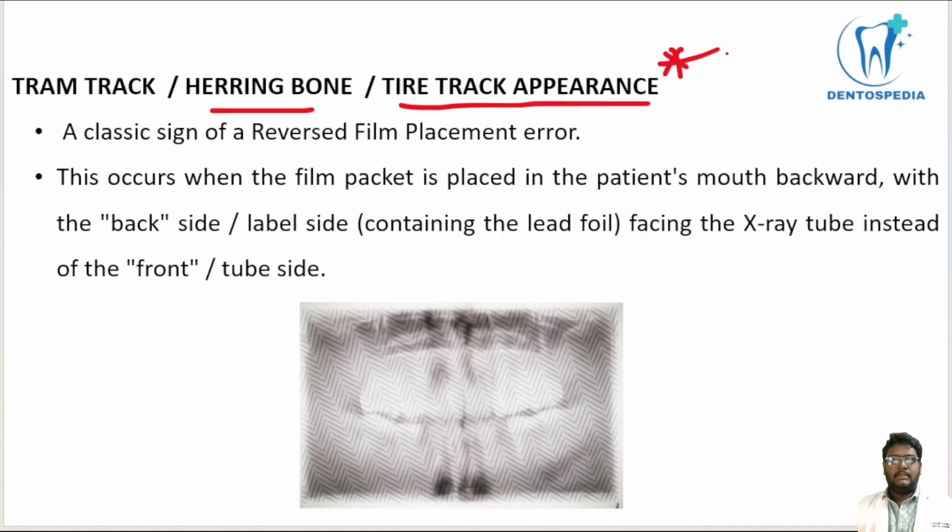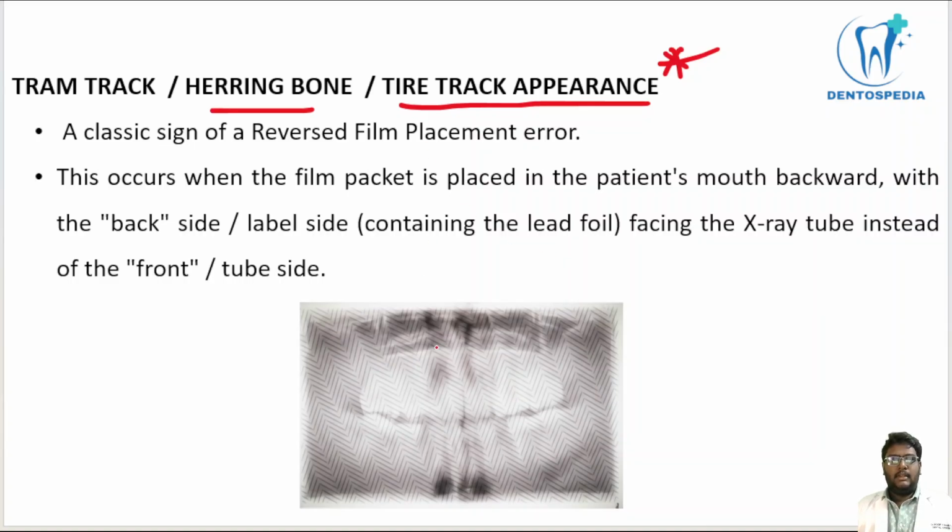This film packet also has two sides, the tube side and the label side, right? The tube side should always face the cone, and the label side should always be at the back side of it. So when we place it reversely, when the label side is facing the cone, we will get this kind of artifact.